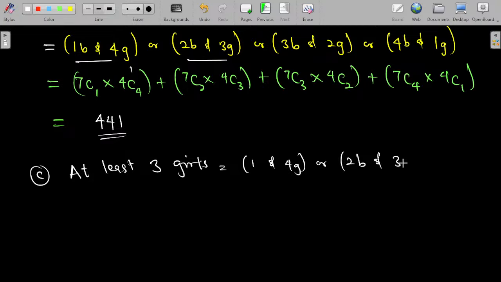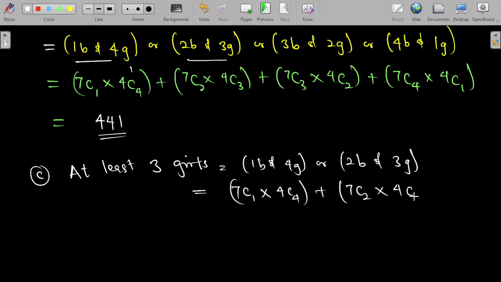So these are just the only 2 possibilities you will get if you need at least 3 girls. And so that's going to be 7 combination 1 times 4 combination 4, which is 4 girls, plus here will be 7 combination 2 times 4 combination 3.